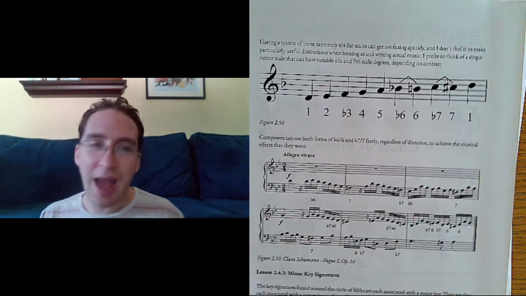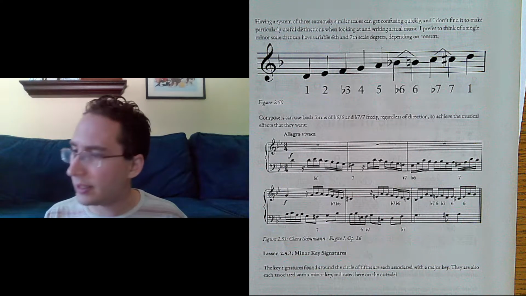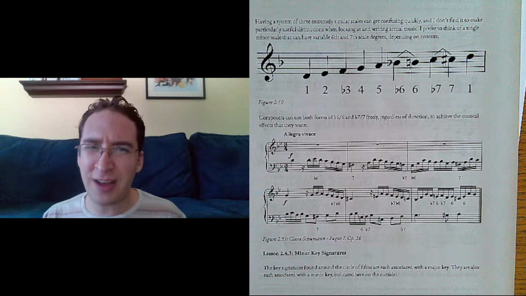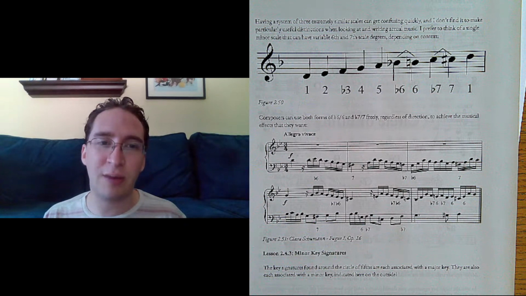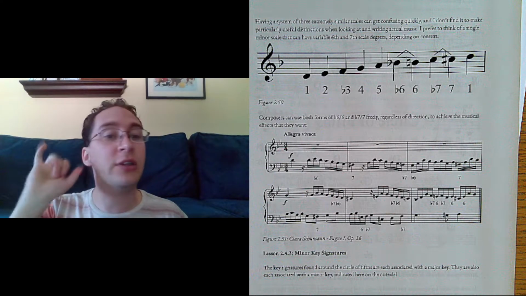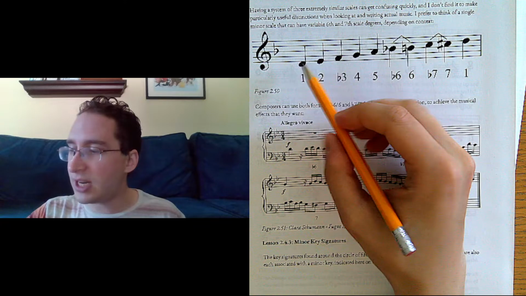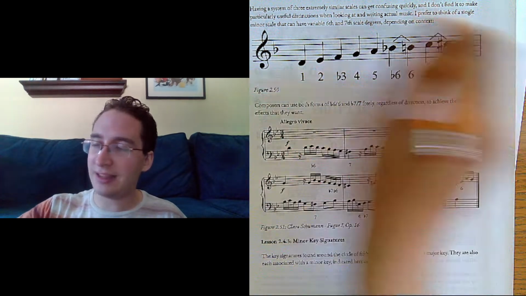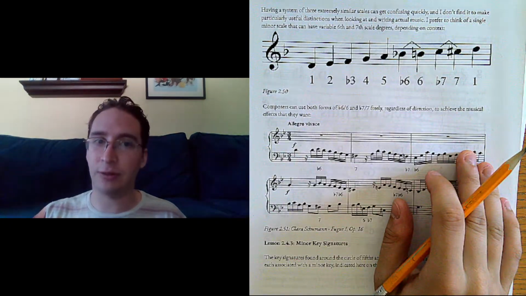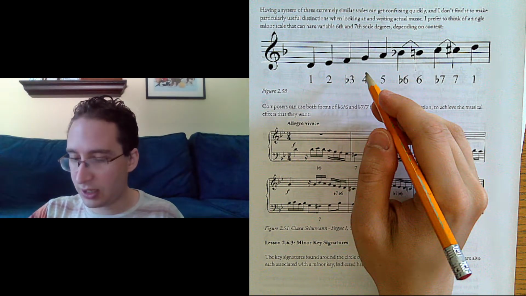So having this system of 3 different minor scales can get confusing pretty quickly. And I don't find it super useful. It's rare that someone will be like, I'm using exclusively the natural minor scale for this piece, or I'm using exclusively the harmonic minor scale. Usually you'll see some combination. So this is what I think of as the minor scale. 1, 2, 3, 4, 5.